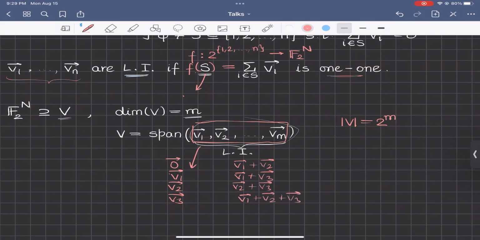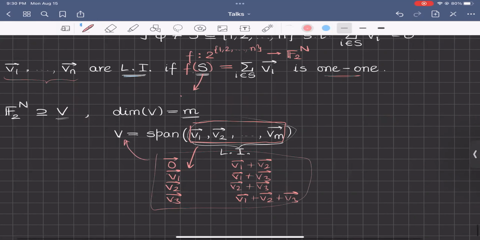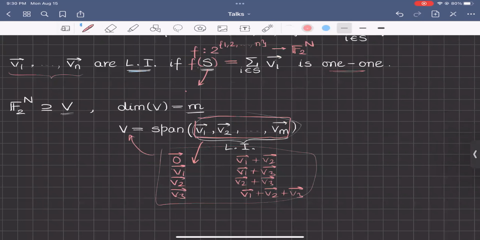And there are literally no other combinations that I can even make. So it's exactly 2 to the M. Okay, so these are 8 different vectors in V, right? So if these are M vectors, then all 2 to the M linear combinations are distinct because they're linearly independent. So I get this, right?